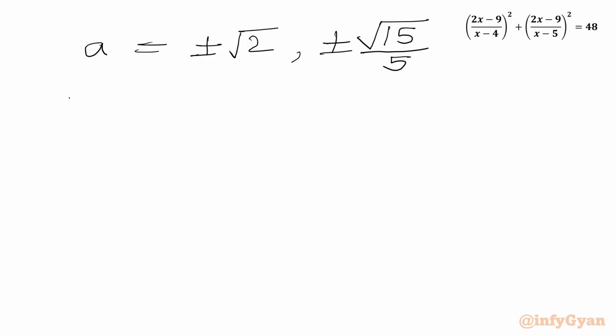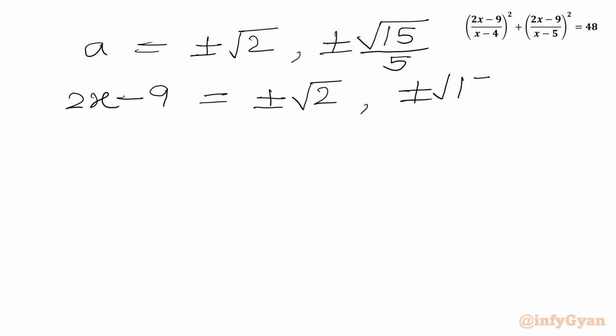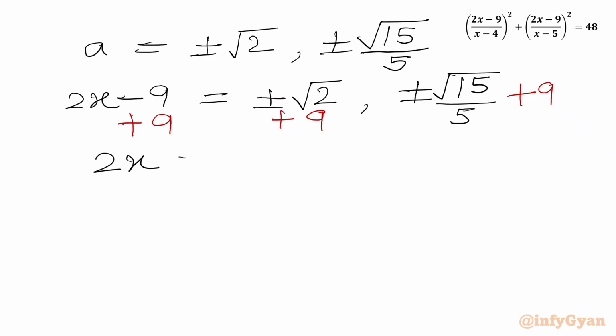Now a was 2x minus 9. So I will write 2x minus 9 equal to plus minus square root 2, and plus minus square root 15 over 5. Now we will add 9 to both sides. So let us write here plus 9, plus 9, plus 9. So I can write LHS as 2x only.